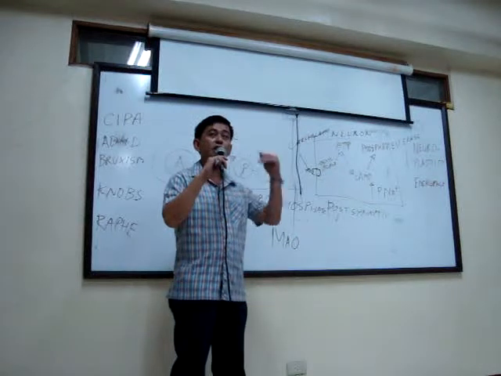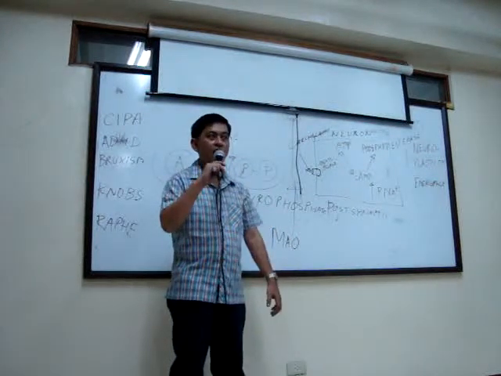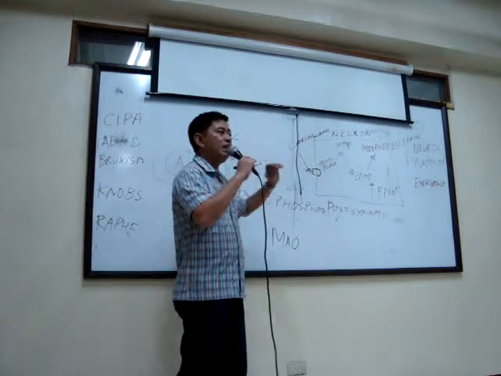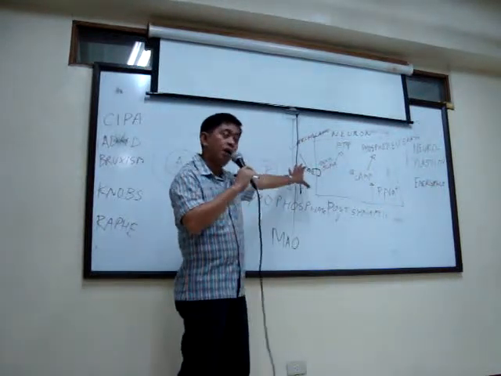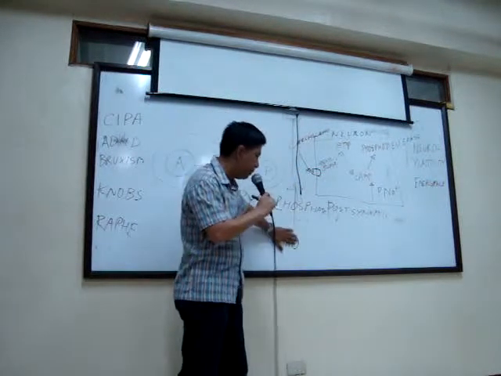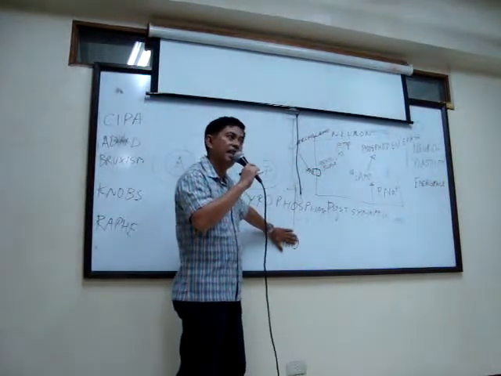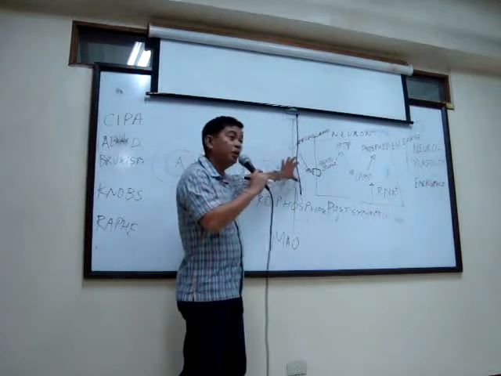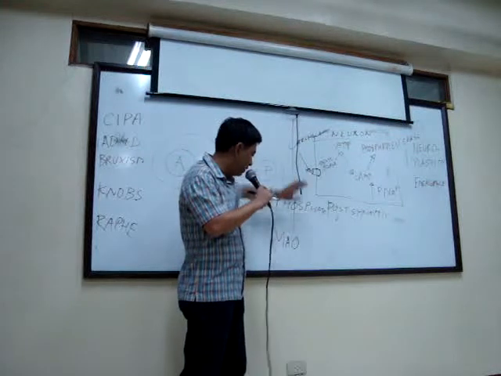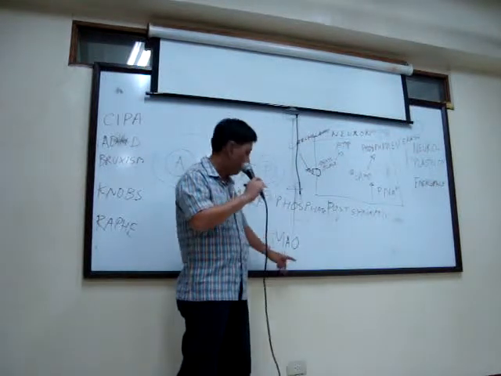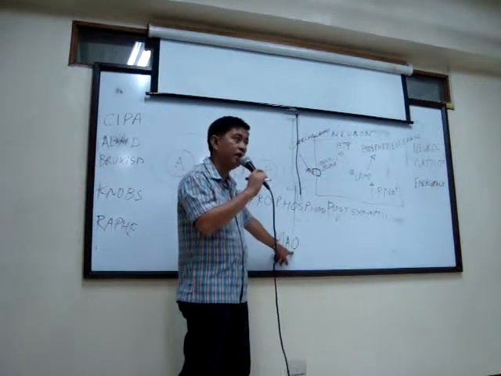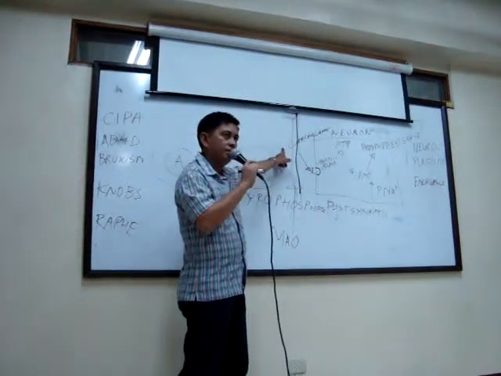You don't want MAO to keep degrading that small amount of dopamine there. So you give an inhibitor so it does not degrade the small amount of dopamine left in the system. So this is the degradation enzyme for catecholamines.